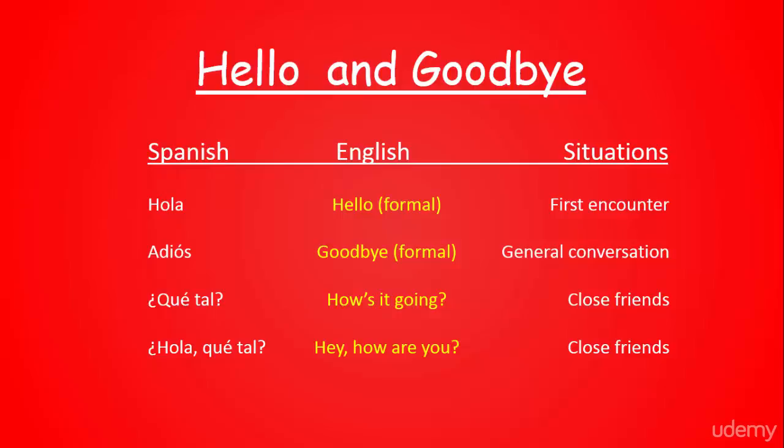How's it going? This is something we'd use with our close friends. So if we were meeting up with a friend and we just say how's it going, we'd say ¿Qué tal? Hola, ¿qué tal? So to put the two together, hola, ¿qué tal? Hey, how are you? Again, we're close friends, this is something you'd say when meeting up.